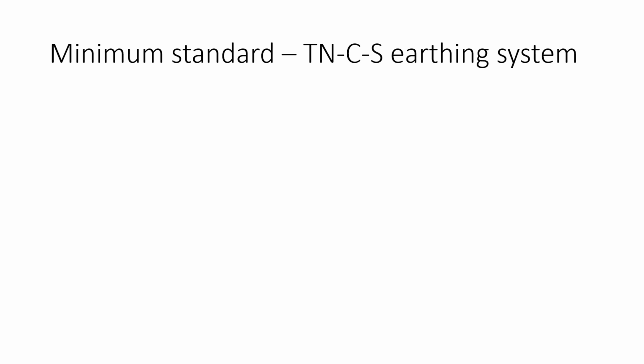So I think there's a minimum standard that you'd expect to get for a drawing. I've seen students, you wouldn't believe the things that students have drawn in the past. But imagine if you were asked to draw a TNCS earthing system, something like this would suffice maybe. So you'd have your source of energy, which is the supply authority transformer secondary winding.